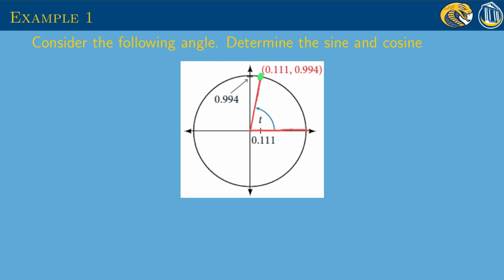Therefore, we can conclude that sine of t is the y-coordinate, 0.994, and cosine of t is the x-coordinate, 0.111. We'll notice that we don't even know what this angle t is in degrees or in radians, but we can still tell what sine of t and cosine of t are because the coordinates are given to us.